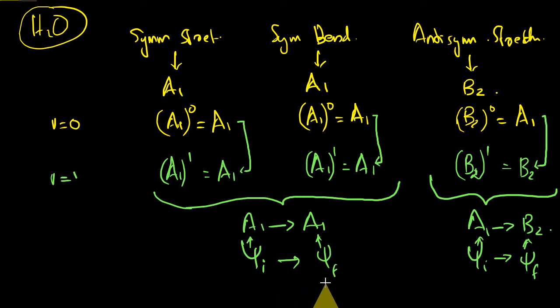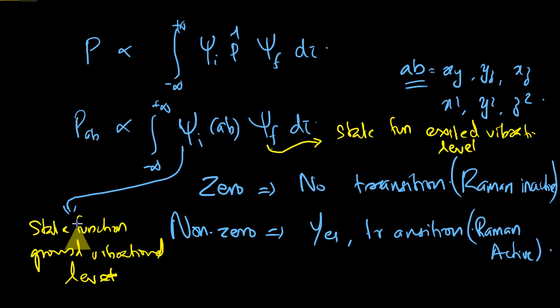So psi I to psi f in these two cases is A1 to A1, and in this case it is A1 to B2. You remember what psi I and psi f are; a few minutes ago I explained them. Psi I is the state function of the ground vibration state, and psi f is the state function of the excited vibration level.